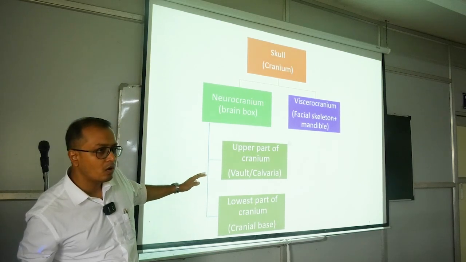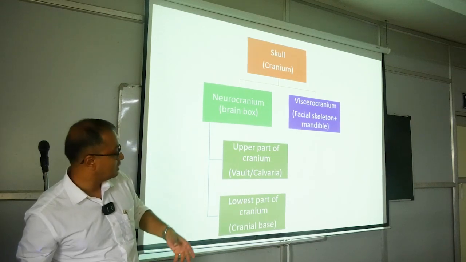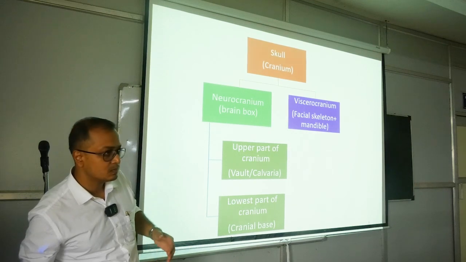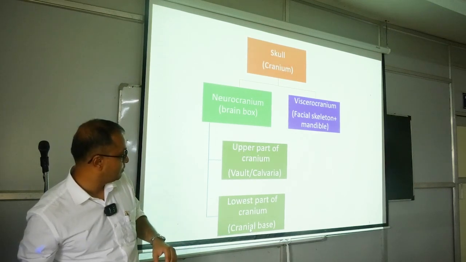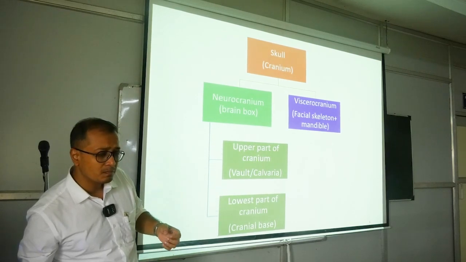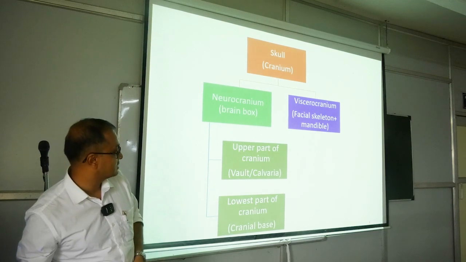The upper part we call the vault of the skull, which is holding the hemispheres of the brain, cerebrum, cerebellum, all these elements. The lower part is holding the lower end of the brain, the lower part of the cerebellum, and the beginning of the brain stem, like midbrain, pons, medulla, and the beginning of the spinal cord.